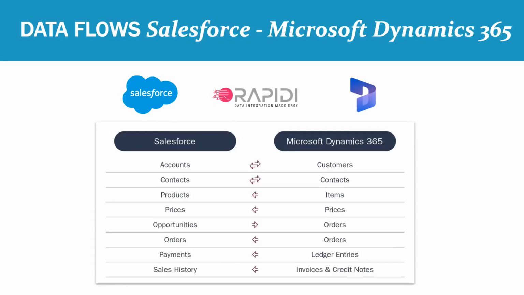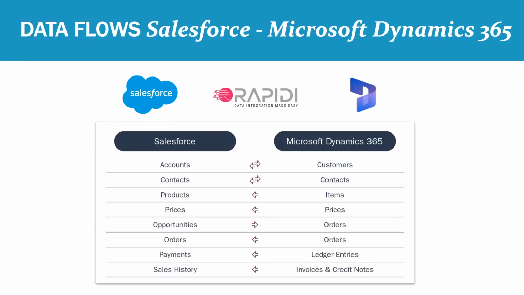And then, of course, in your ERP, you will have sales orders, ledger entries, invoices, and credit memos. So all those records and transactions can be transferred to Salesforce and associated with that specific customer. In this way, you will be able to see a full overview with regards to all your customers.